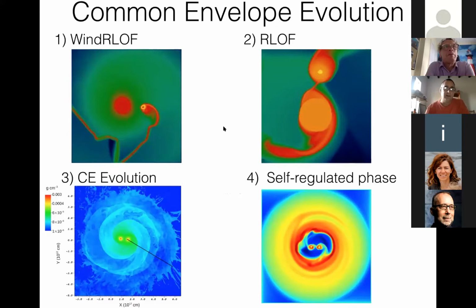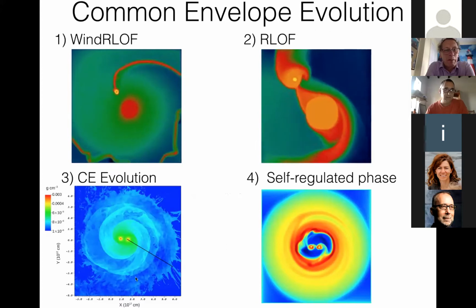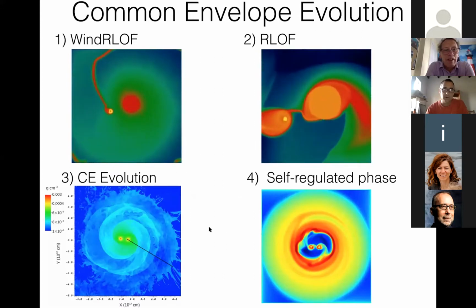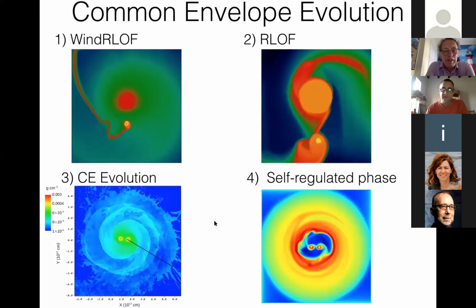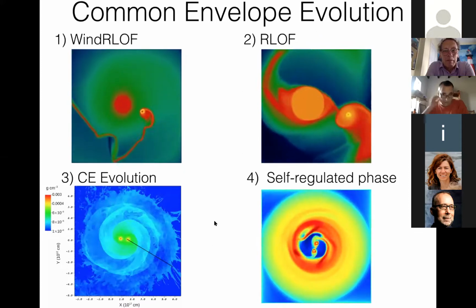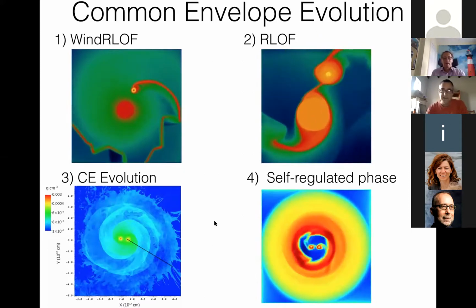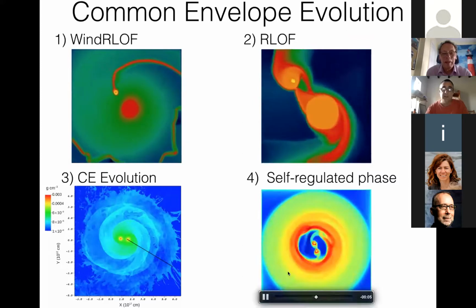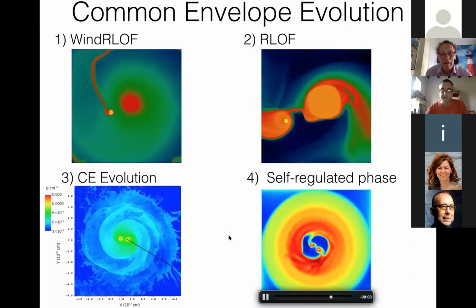For common envelope evolution, first you start with a Roche-lobe overflow, then you come into the common envelope evolution, and after that a self-regulated phase where a circumbinary disk forms. This is the place where we are going to start doing our models.